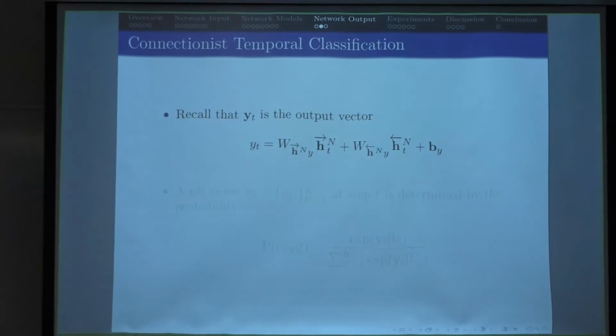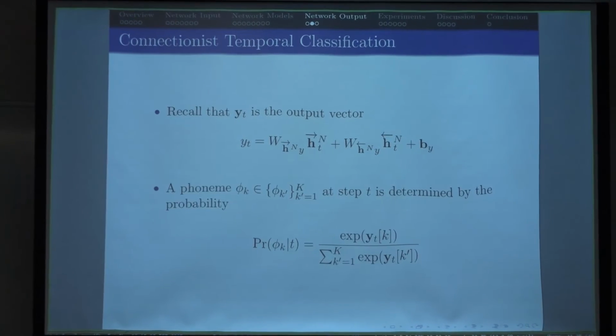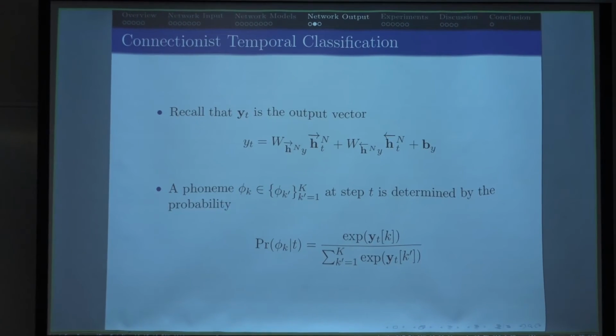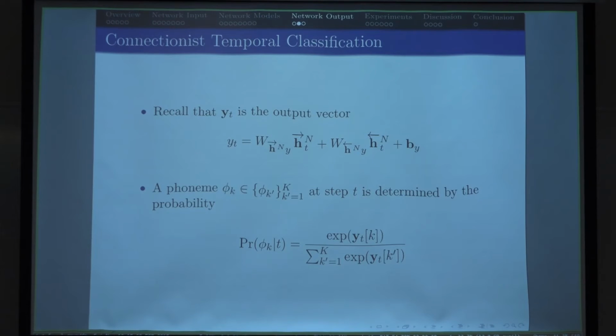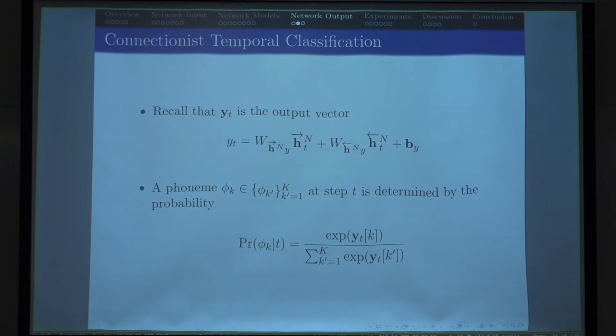OK, and so we'll just talk very briefly about the connectionist temporal classification, or just the softmax. You compute your YT, and you apply the general softmax probability to it. In this case, they just report that at each time step, they don't have to worry about any previous dependencies on any other time steps.